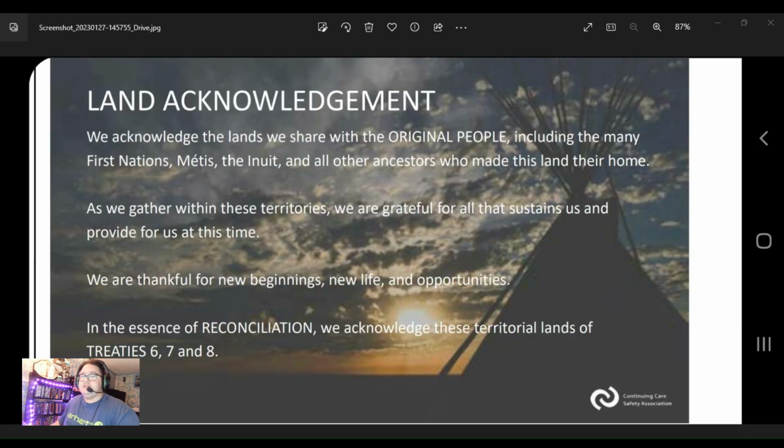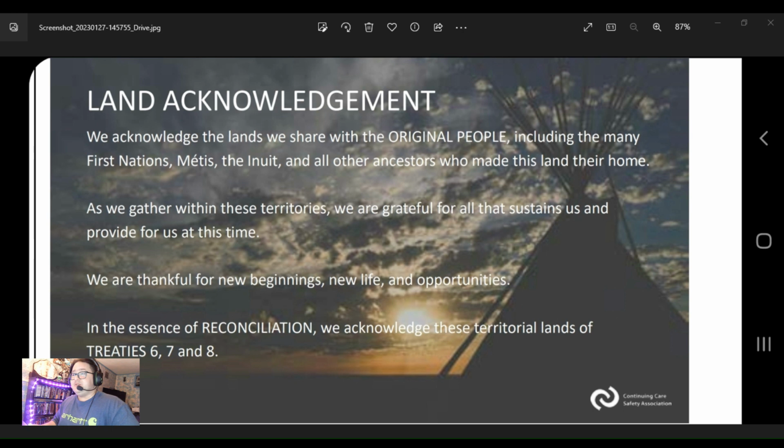And we have a land acknowledgement. This is step point 5 of reconciliation with Indigenous folks. We've done some various dubious things, being an ancestor of many European settlers. This is very important. So, we acknowledge the lands we share with the original people, including the many First Nations, Métis, the Inuit, and all other ancestors who made this land their home.